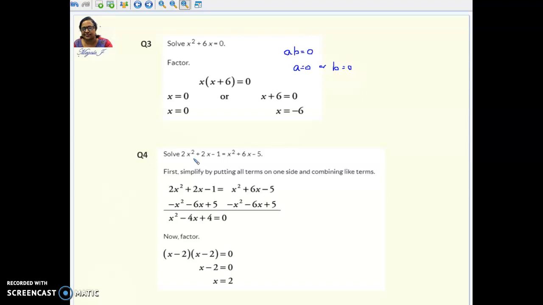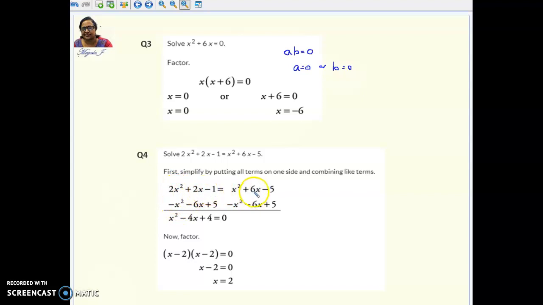Here what you can do is bring everything from the left hand side of this equation to the other side. When you bring this part to the other side, the sign changes. So this will become minus, this will become minus, and this will become plus. That is what is done here. I'm writing the x square below this 2x.